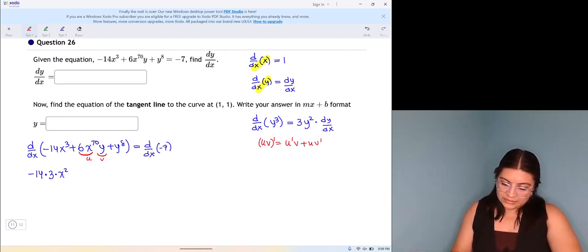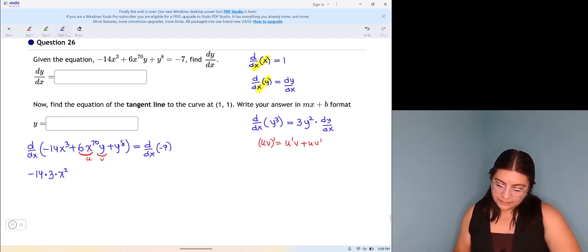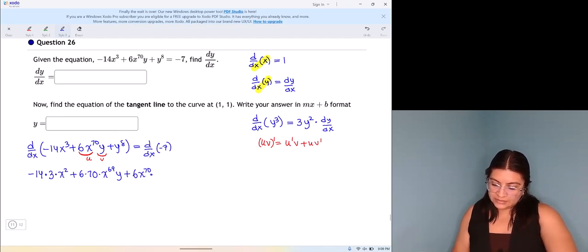So u is 6x to the 70. Its derivative is 6 times 70 times x to the 69 times v, which is y, plus u times the derivative of v. The derivative of y is dy dx.